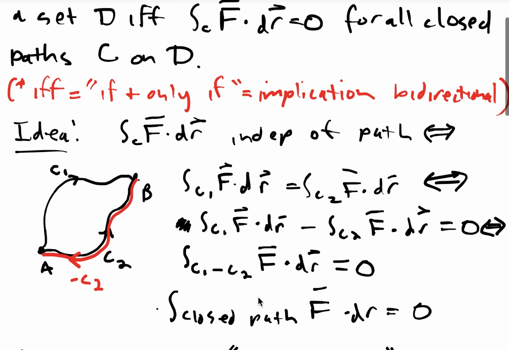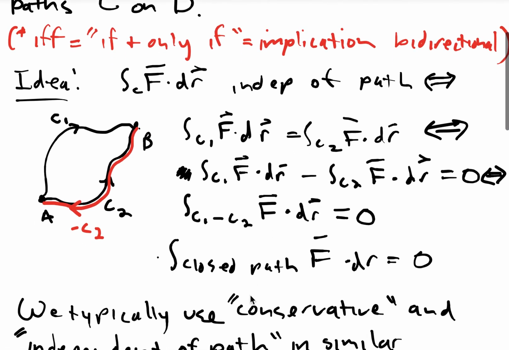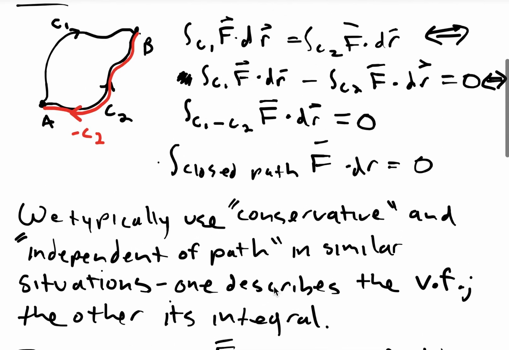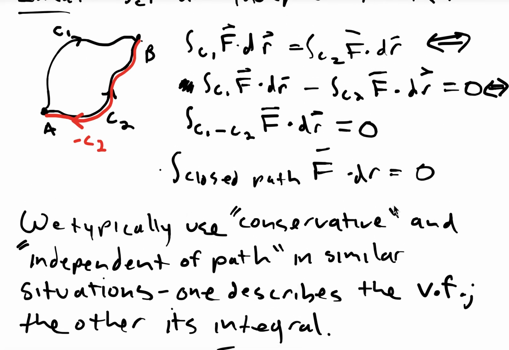And then a final comment that I'll make as far as our theoretical stuff: I keep mentioning conservative, independent of path. We keep sort of seeing that these mean the same thing, or at least we use these in very similar situations. There's a very, very tiny distinction here, in which I'm calling some things conservative and some things independent of path.